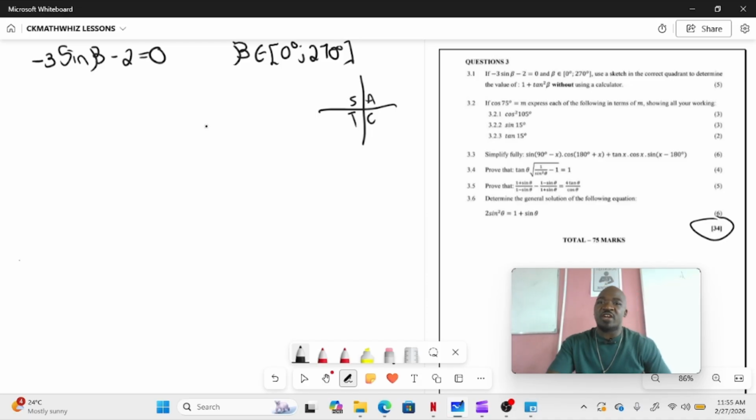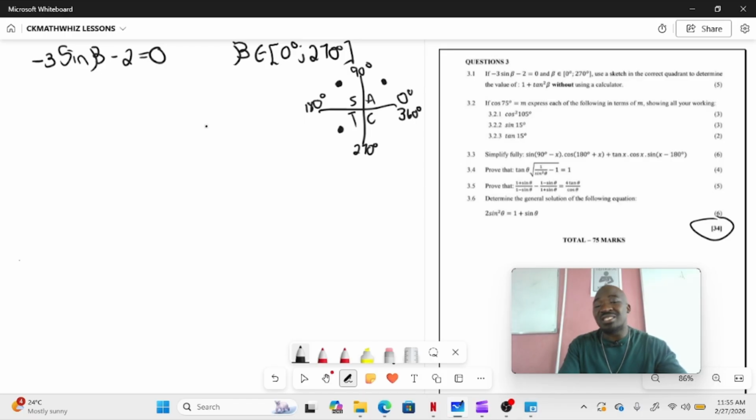Now let's check. Here we have 0 degrees, here we have 90 degrees, here we have 180 degrees, here we have 270 degrees, here we have 360 degrees. Now, the triangle that we are working with is supposed to fall under 0 degrees to 270, meaning that we start from 0, we go to 90 and 180, and move to 270.